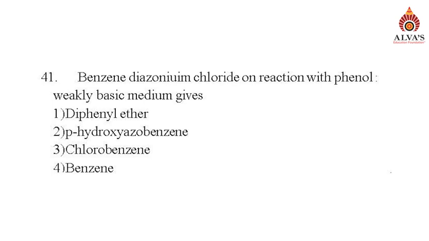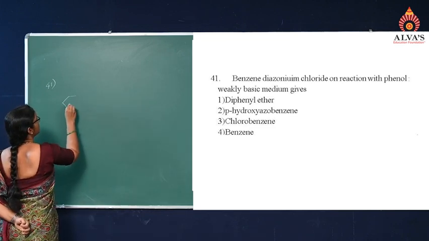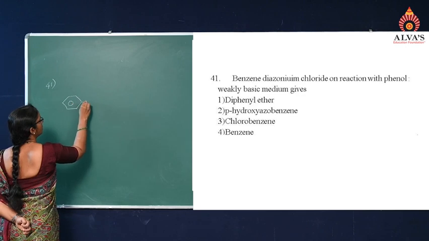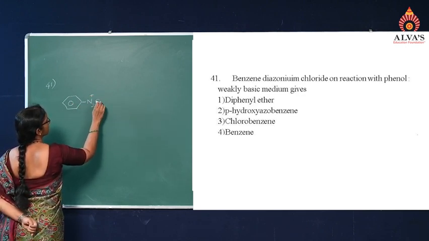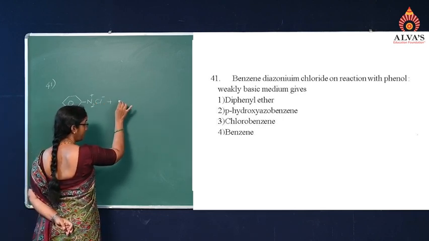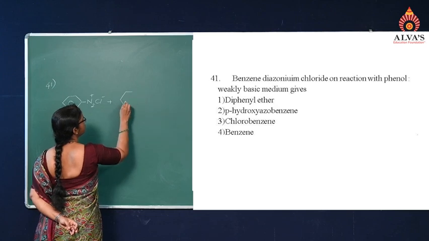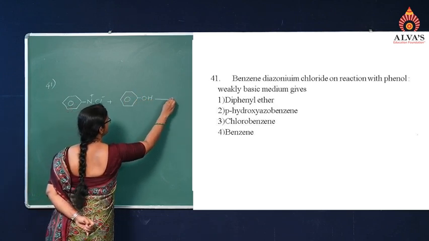Question number 41. Benzene diazonium chloride on reaction with phenol in weakly basic medium gives. Now, the reaction of benzene diazonium chloride with phenol is a coupling reaction, and it is an example of electrophilic substitution reaction.